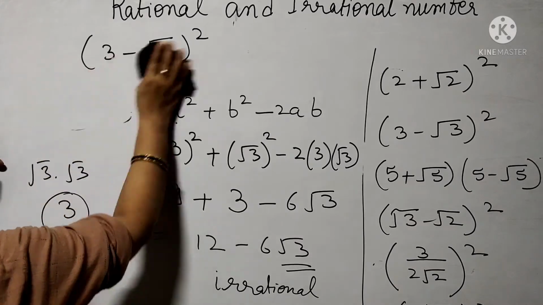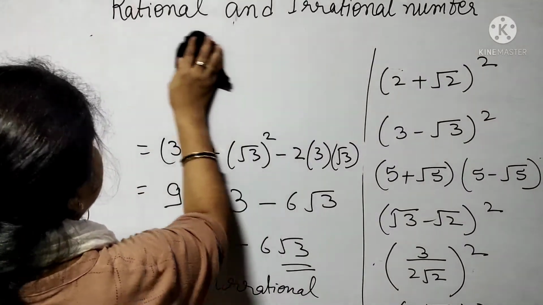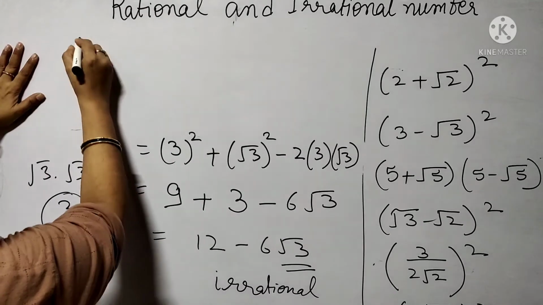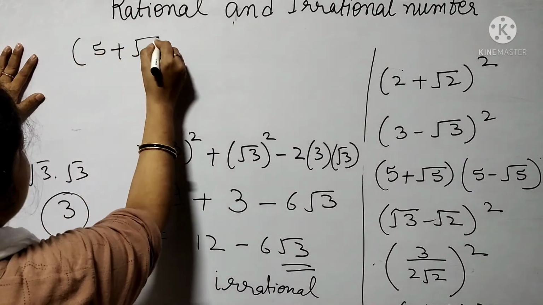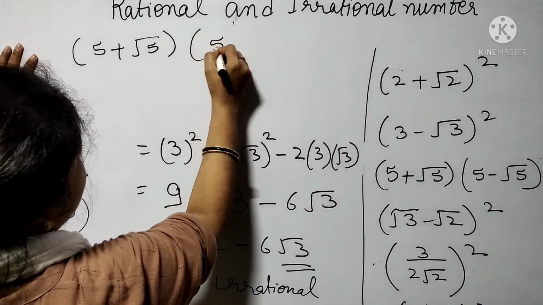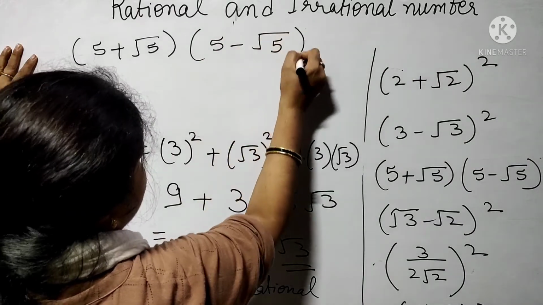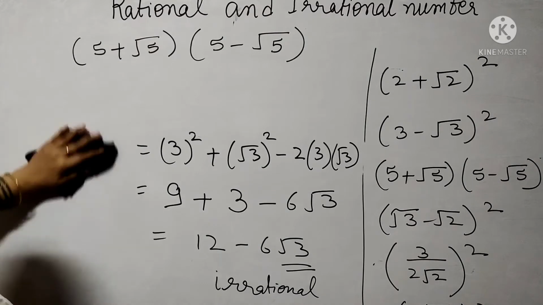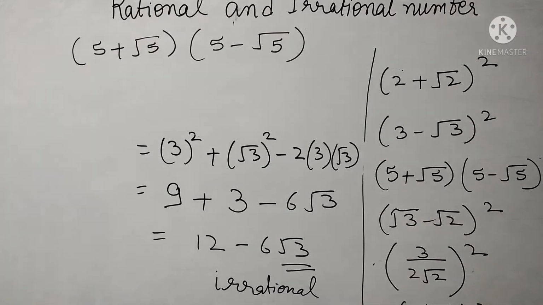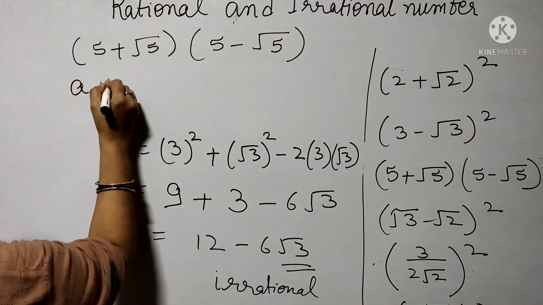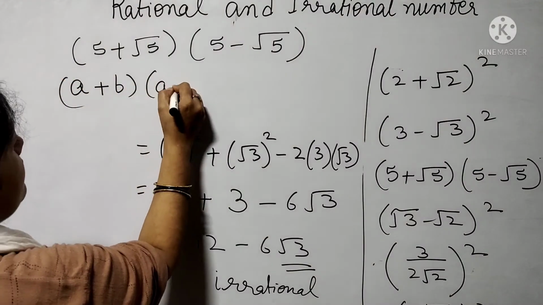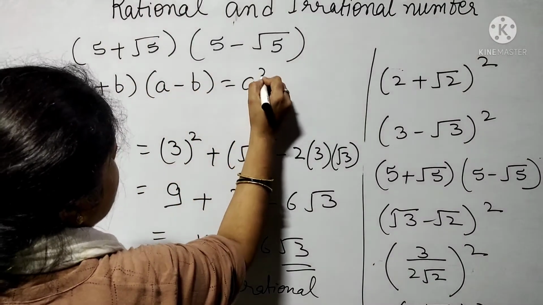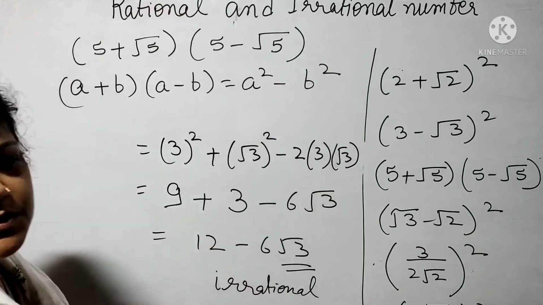Now next question. Another question is 5 plus under root 5, another bracket 5 minus under root 5. For this question we use the formula a plus b into a minus b, which is equal to a square minus b square.